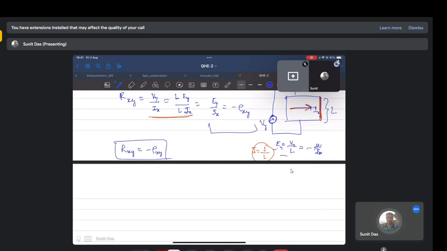But yeah, so this is the nice thing about the Hall part, but this is not the case with the longitudinal part. Okay, for the longitudinal part, we have to divide or multiply by appropriate length.